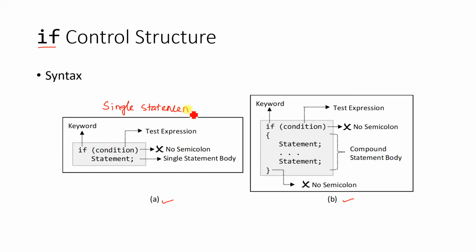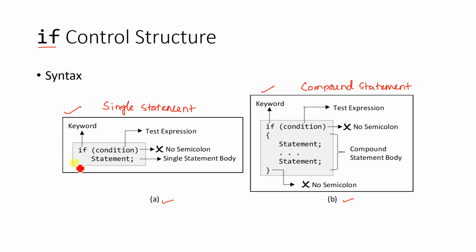And the figure on the right side is for multiple statements, or we can say compound statements. The meaning is, if your program has multiple statements that depend upon a condition to be executed, then you need to follow this syntax. And if your program has a single statement that depends upon a condition, then you should follow this syntax.